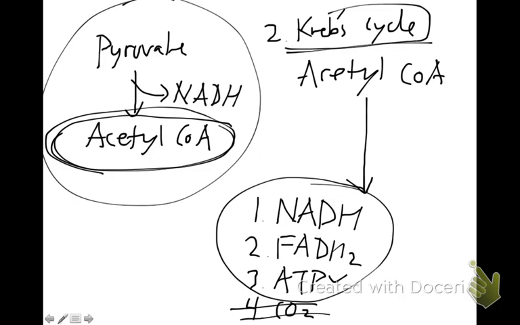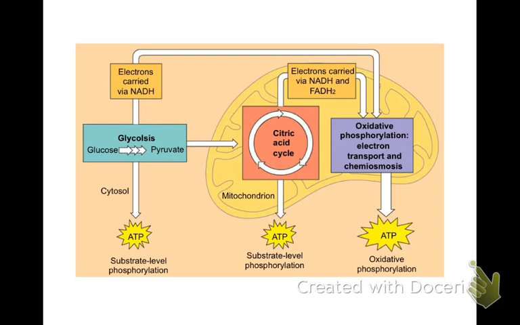So if I go back, this pyruvate right here is eventually going to become acetyl-CoA in order to enter the citric acid cycle, or the Krebs cycle. We're going to call this Krebs cycle. That's what most people know it as. Okay? So, let's keep going with the Krebs cycle.